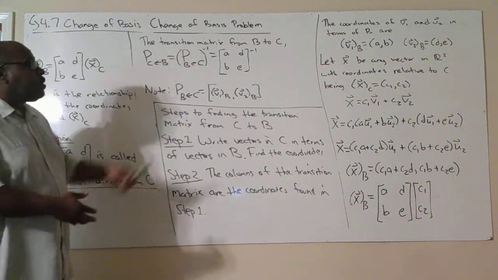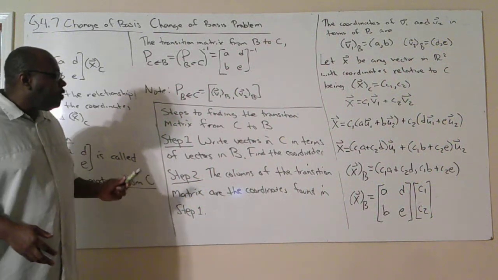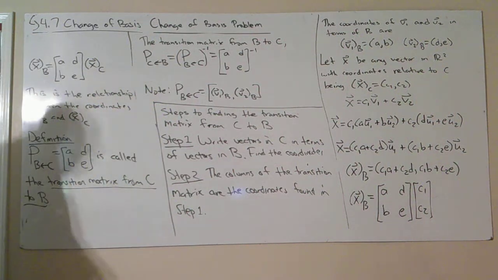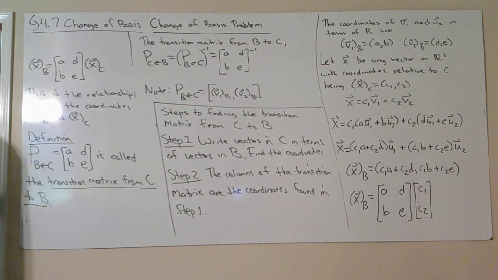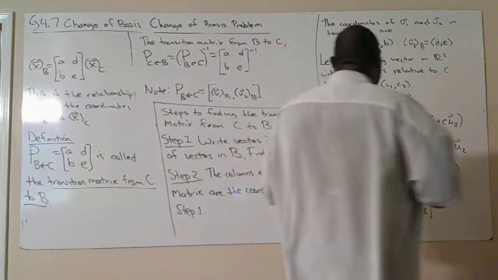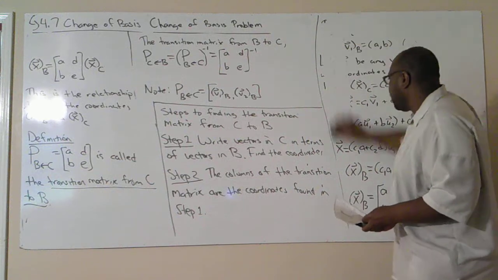Find those coordinates, just like we did there. And step two, the columns of the transition matrix are going to be the coordinates that we just found in step one. That's all there is to it. And this works whether it's Euclidean, Rn, R2, R3, R4, or another type of vector space, like polynomials or matrices or anything like that.